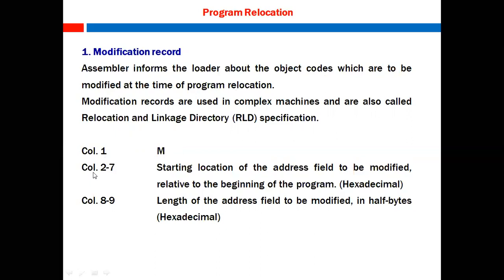Columns 2 to 7 give the starting location of the address field to be modified, relative to the beginning of the program, which is hexadecimal. Then columns 8 and 9 give the length of the address field to be modified in half bytes. Guys, it is half bytes, that means in units of 4 bits. You should know that. Again, this is also hexadecimal.